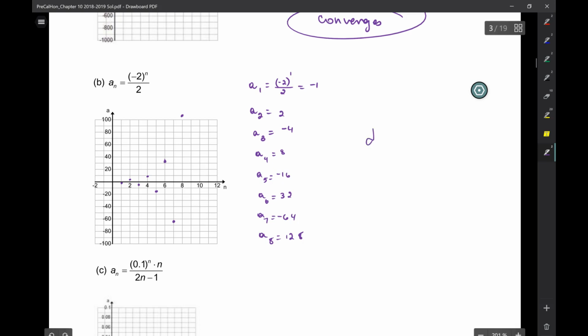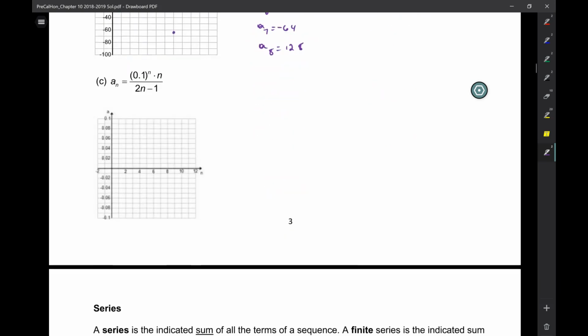We can see that it's going to be divergent after the 3rd or 4th term, which is a good number to check. Okay, so this one, A sub 1 is 0.1. And then it's 0.00067, 0.00006, and then here we have point 4 zeros, and a 57.